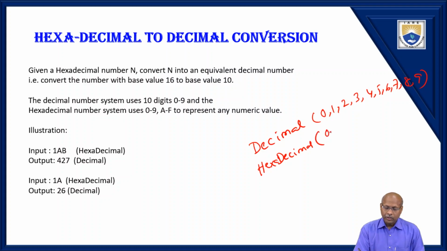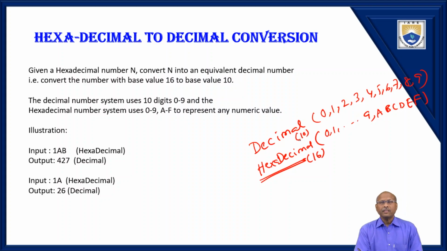The digits 0, 1, 2 up to 9, and in addition to this, A, B, C, D, E, F. Totally 16 varieties of digits are supported by hexadecimal. That's why its base is 16, whereas for decimal the base is 10.